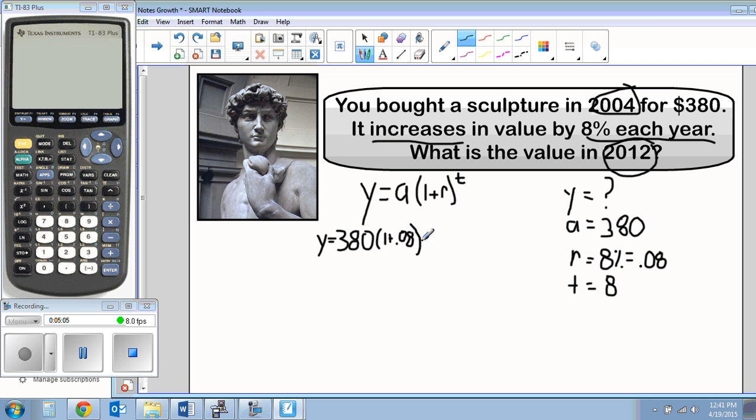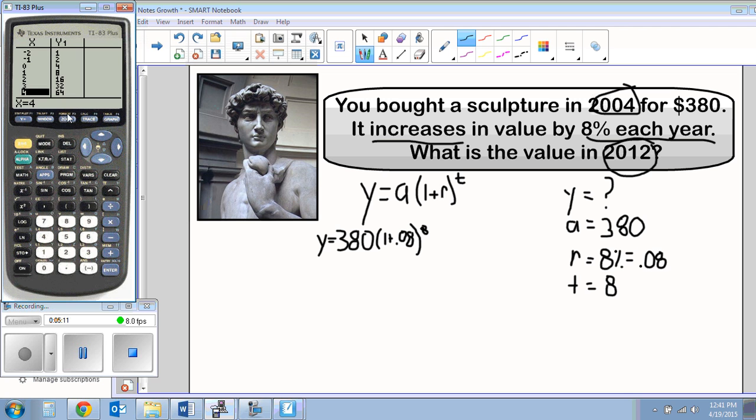I'm going to raise it to the power of 8. And I can simplify this a little bit to start. I'm going to use my calculator to help me, and I'm going to clear this out. I'm going to do 1 plus 0.08, so I'm following order of operations. And it gives me that 1.08.